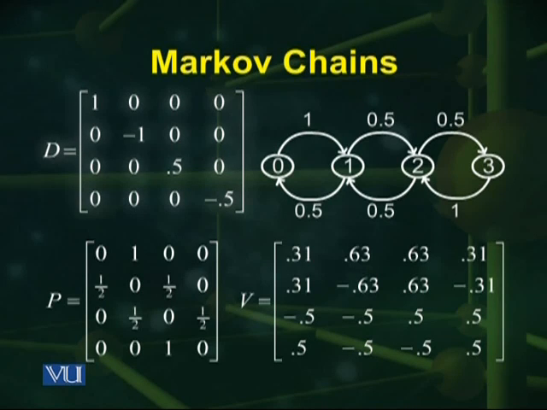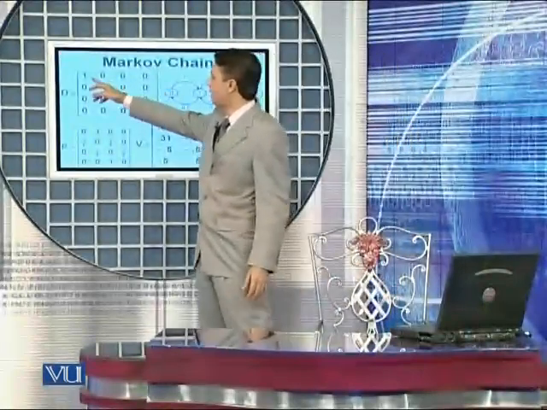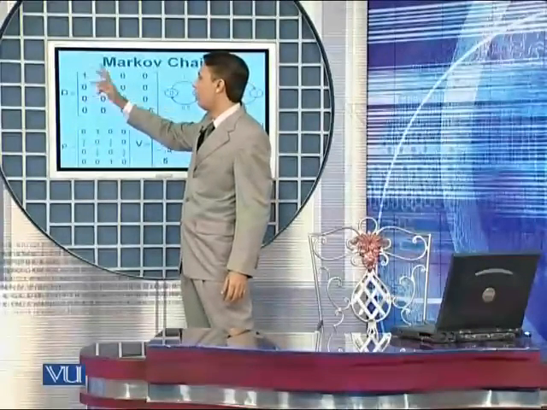One is D, which is a diagonal matrix with eigenvalues on the main diagonal, and that has 1, -1, +0.5 and -0.5. So as you take higher and higher powers of this diagonal matrix, you are going to get 1 in the top left corner always.